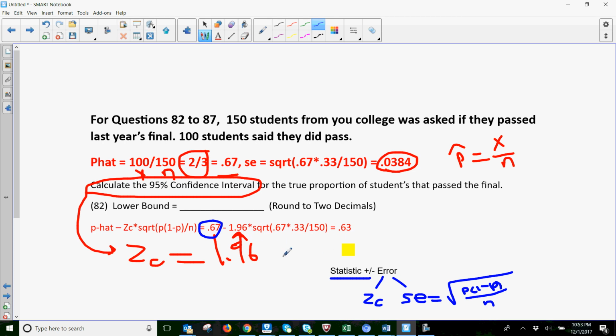Now notice, I didn't round this off. I did it all in one. So if you do rounding, you are going to get different answers. Again, if 0.63 was the answer in Blackboard, I would include 0.62 and 0.64. But if you're too far off in your rounding, you're not going to get close. So do it the similar way I've done it right here.